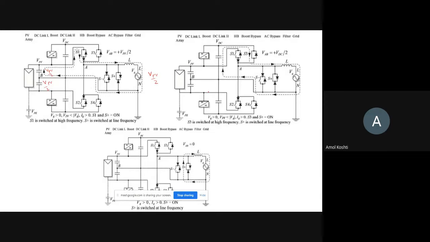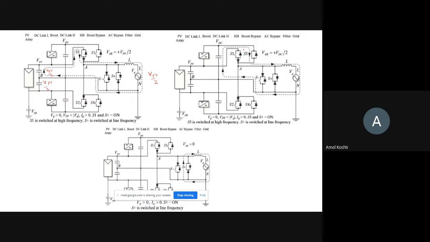Then they produce the negative half. So how is this negative half produced, or which switches are they using here? Now they are using the DC link capacitor, because it is also charging.